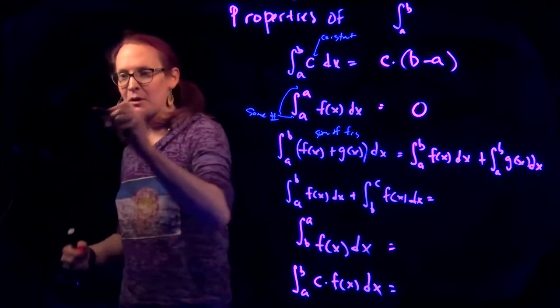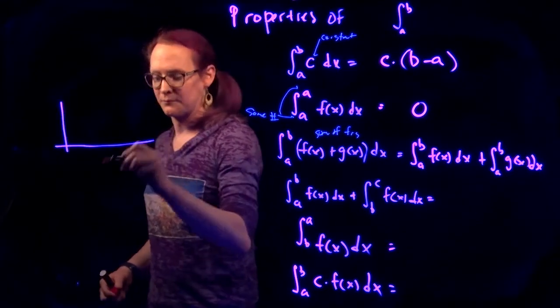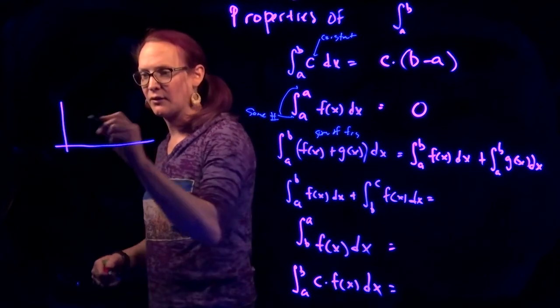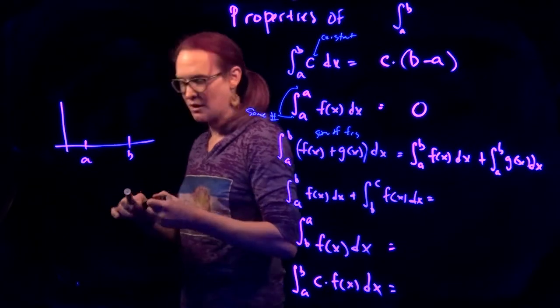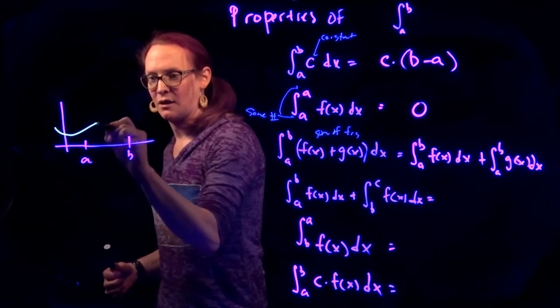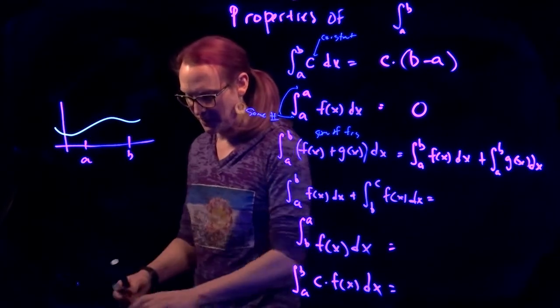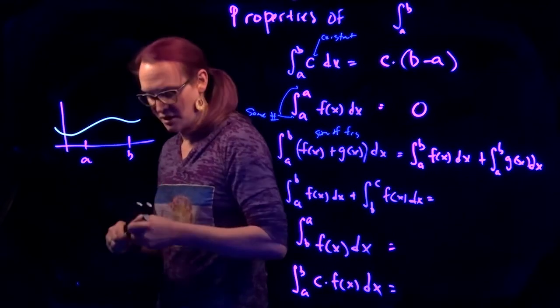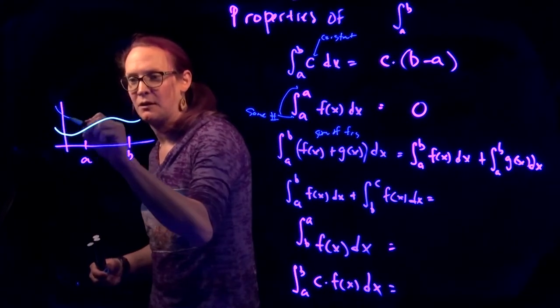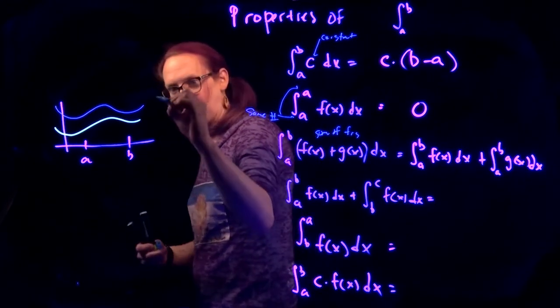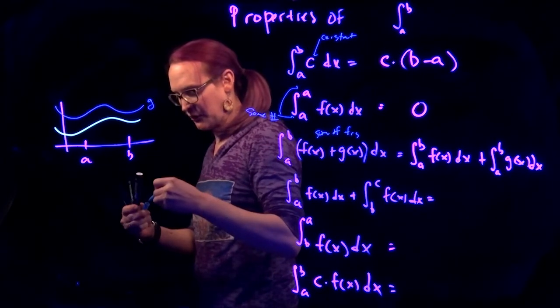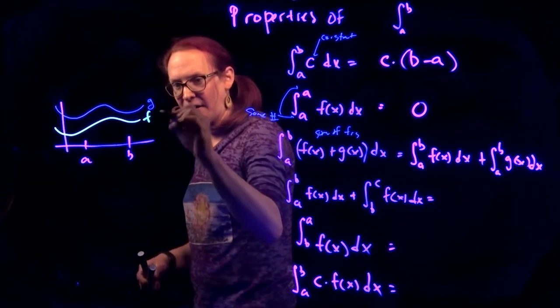The reasoning for this one being, I've got axes, I've got an interval of interest, I've got a function, and then I've got another function above it. So that one's g, and this one is f.